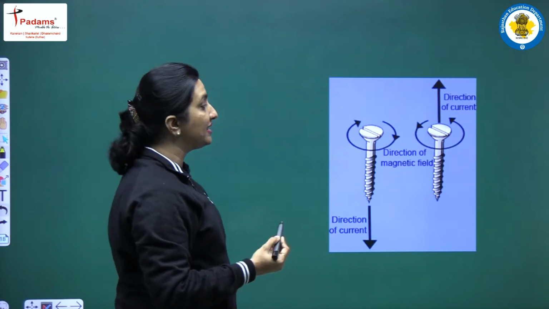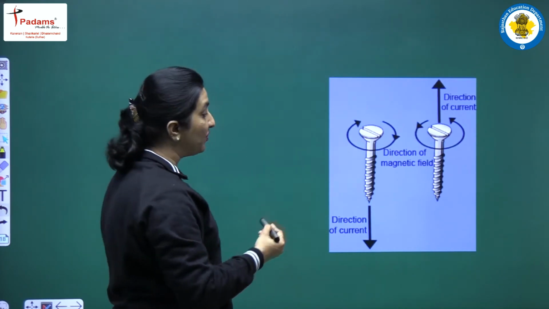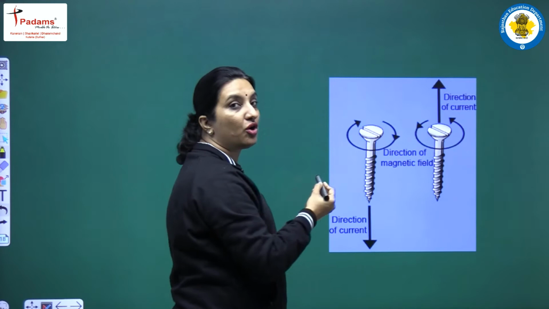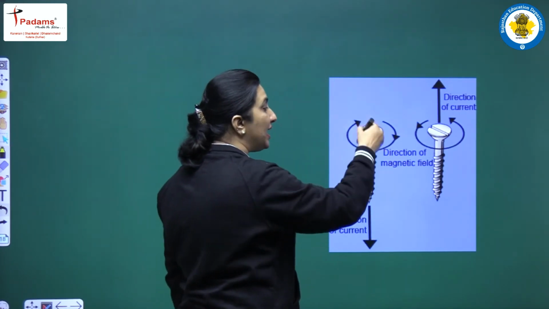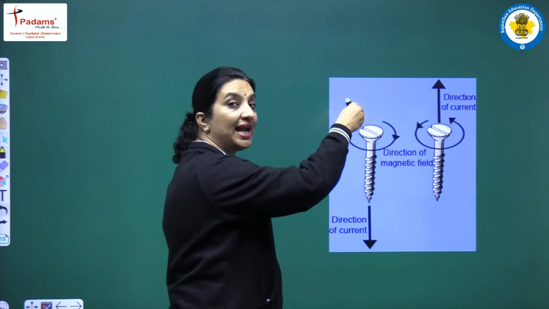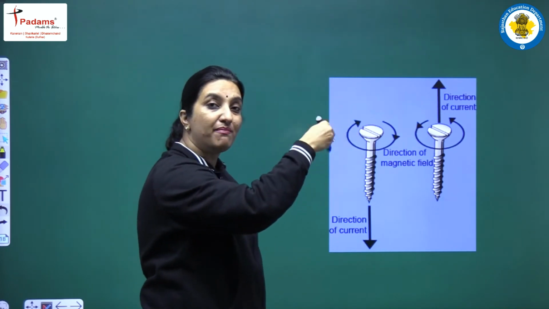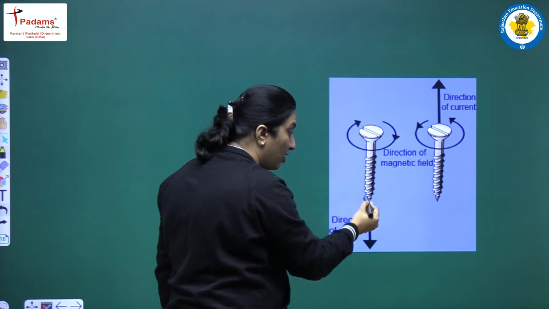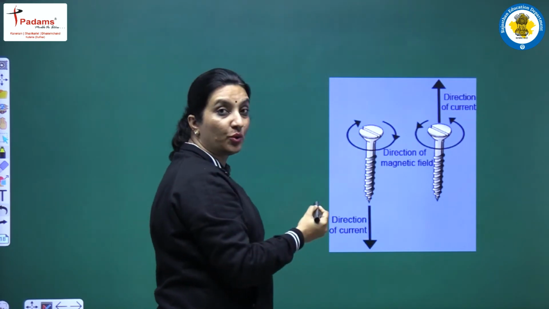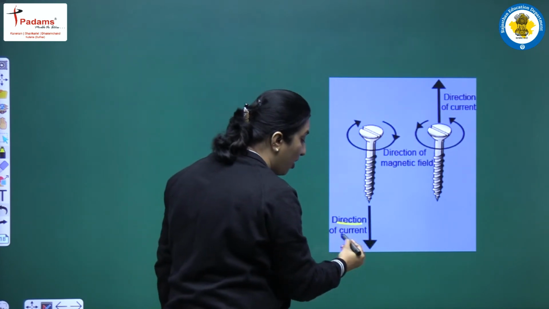This we will again understand with the help of a diagram. Now here students, we have a Maxwell corkscrew, and if the corkscrew is rotated, then the direction of rotation gives the direction of magnetic field, and the direction of the motion of this corkscrew gives us the direction of current.